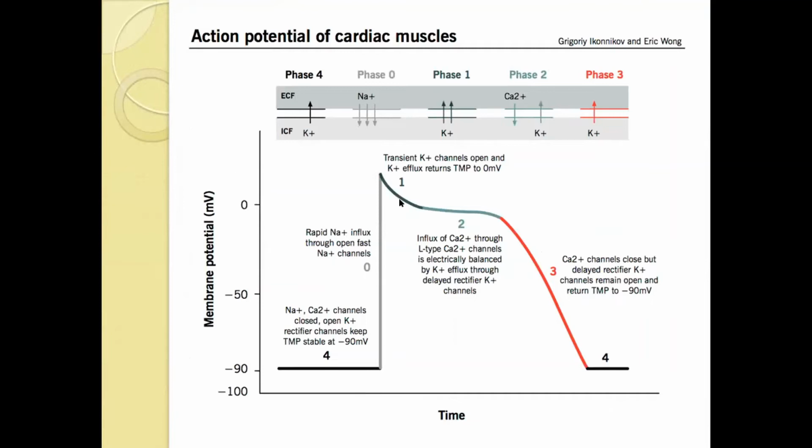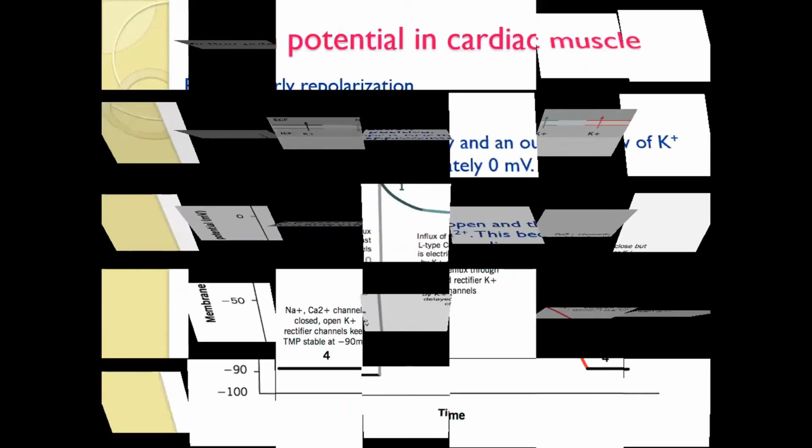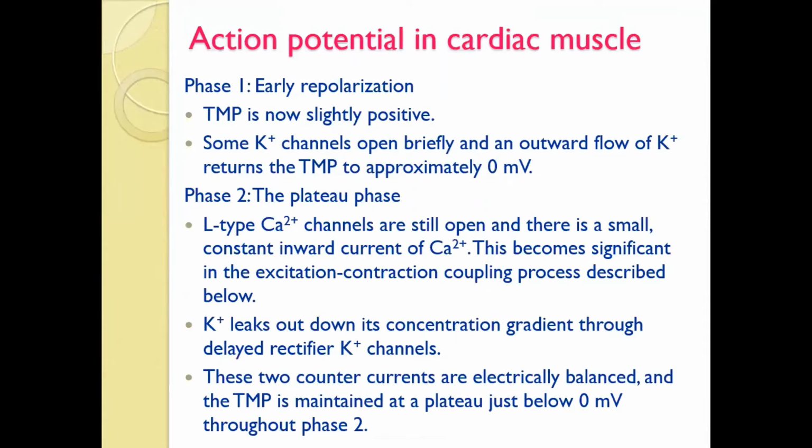Then we go to phase 1, early repolarization. What happens in early repolarization? The transmembrane potential is now slightly positive. Some of the potassium channels open, so there is outflow of potassium. Potassium ions return the transmembrane potential to 0.